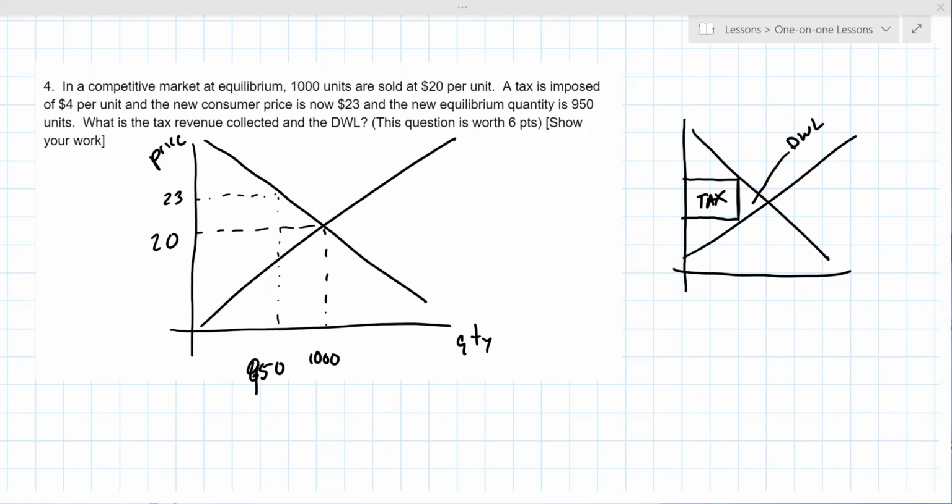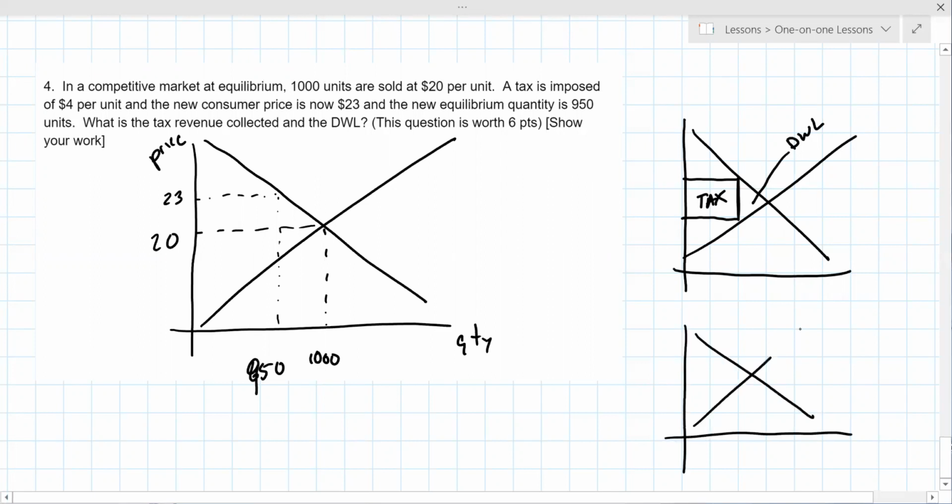Wait, so what does deadweight loss mean? This is where I struggle to give you the correct answer. My understanding is that it's the part that doesn't go to tax that is taken away from consumer and producer surplus. In a perfect world, here's consumer surplus, here's producer surplus.